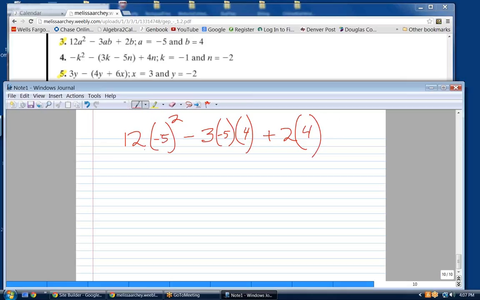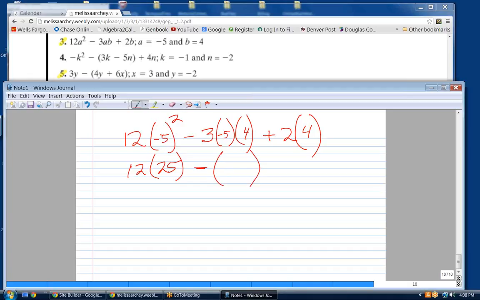So now we'll evaluate it. What's negative 5 squared? Let's do it one piece at a time. 25. What's 3 times negative 5 times positive 4? 3 times negative 5, 15 times negative 4, 60.